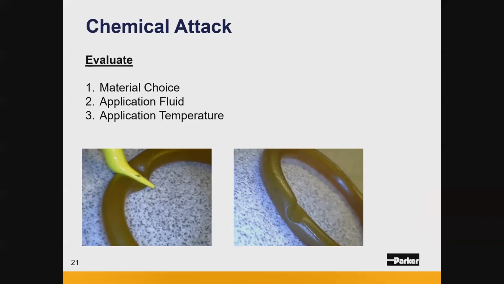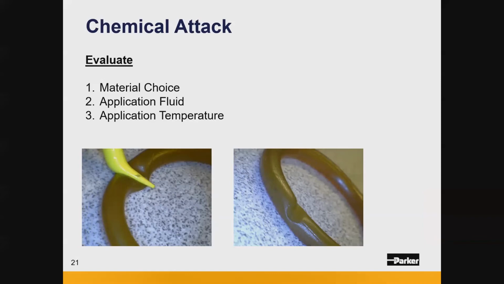Other times, swell would be the inverse, right? The seal is absorbing some of that fluid. And go back to chemistry, is that like with like, that same is like dissolves like. So if you have a situation where you have a seal material that's a good way of determining compatibility.